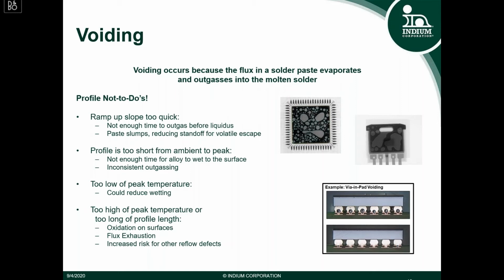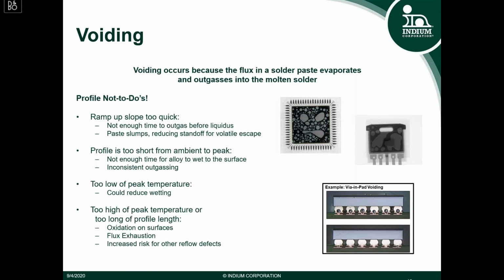And what happens when you reduce the wetting of the surface is that the solder alloy is not wetting and it's not pushing away the flux volatiles that are evaporating. In this instance, the volatiles will stay under the component or in the solder joint and form voids.